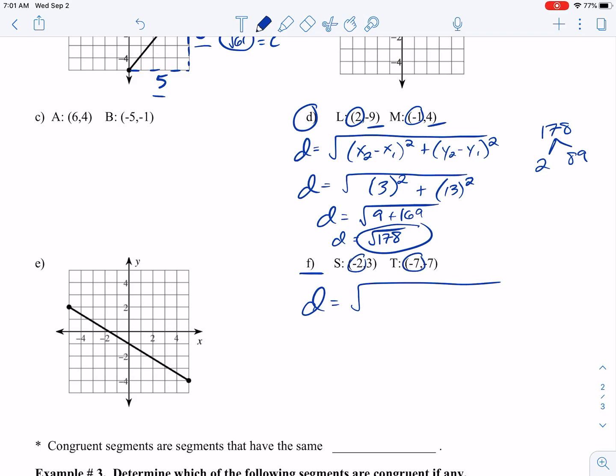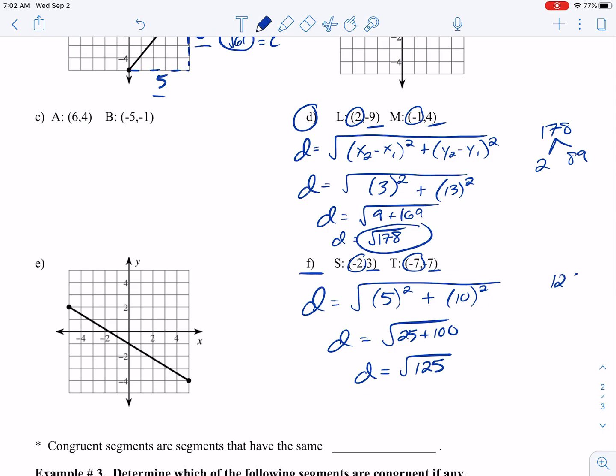Negative 2 is 5 units from negative 7, so 5 squared. 3 is 10 units from negative 7. That's positive 3. So we get 25 plus 100, root 125.